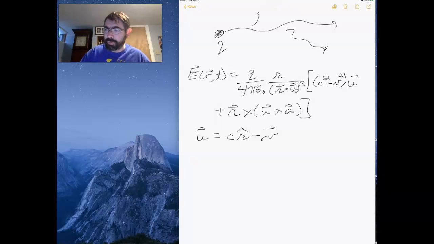Okay, now for the magnetic field, we determined that it's just 1 over the speed of light times the propagation vector crossed into the electric field.